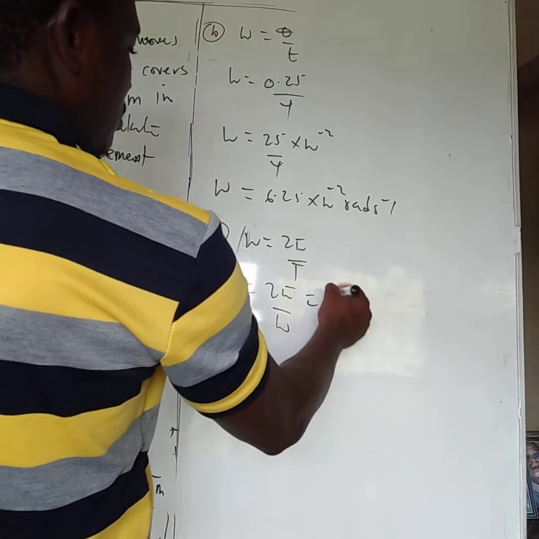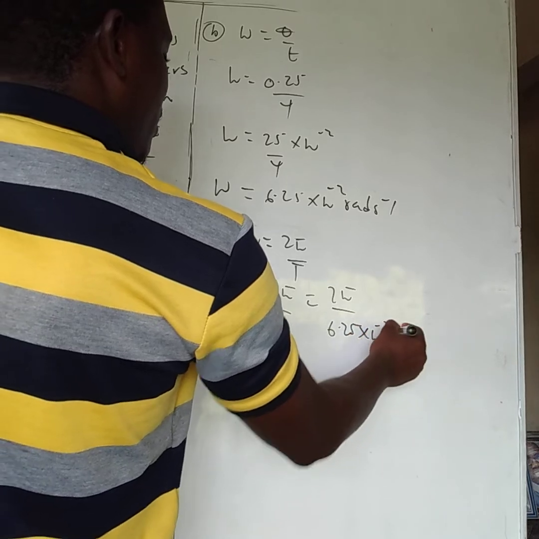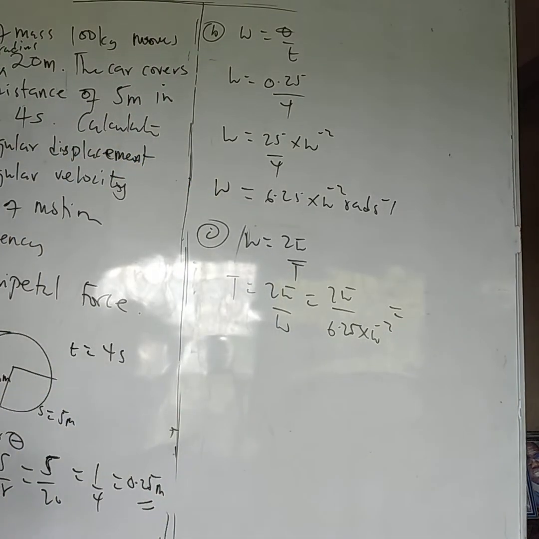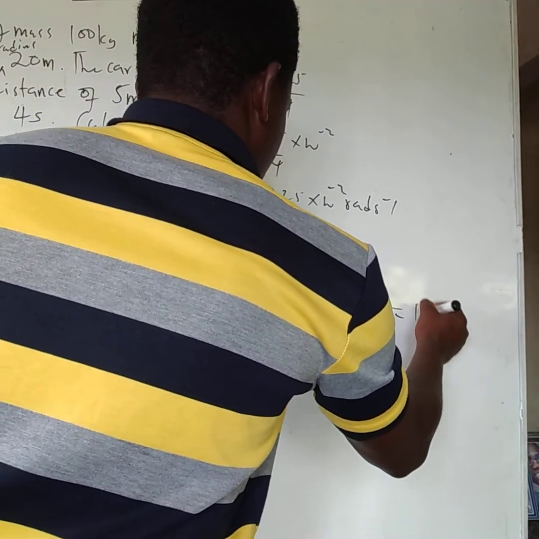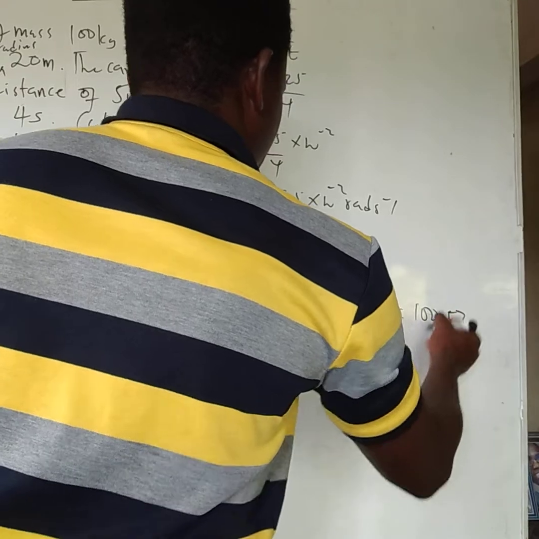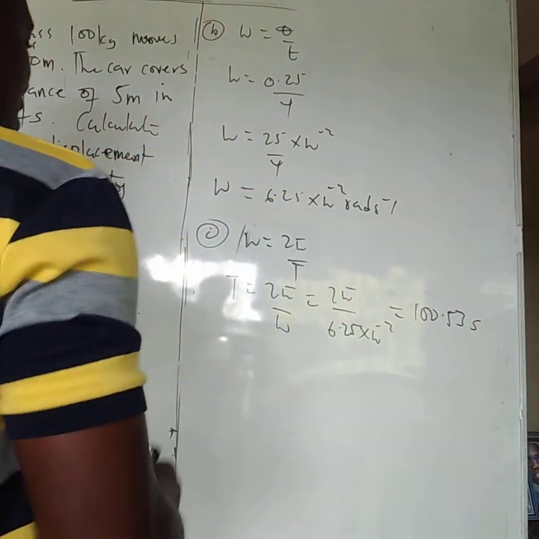So you are going to get 2 pi all over 6.25 times 10 to the power negative 2. Dividing our answer, we should be arriving at 32 pi, which is also equal to 100.53. And since this is period, the unit for period is the second.